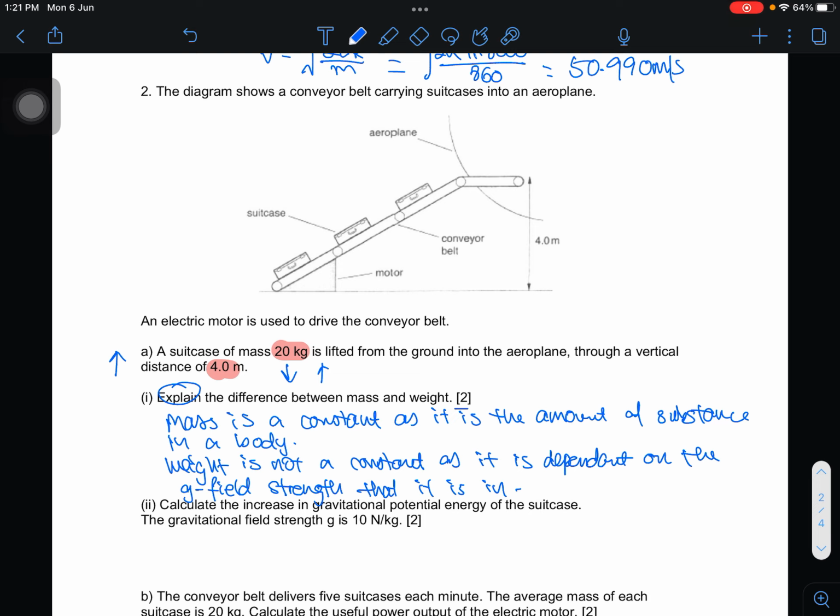All right. So W equals mg. As long as the g changes, your W will change.